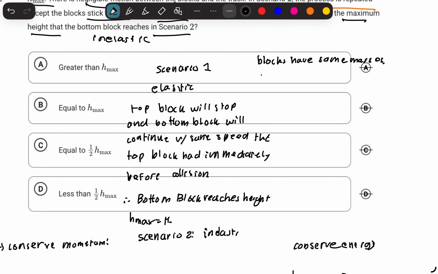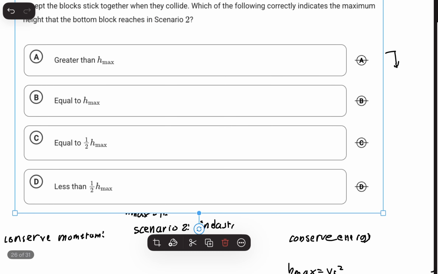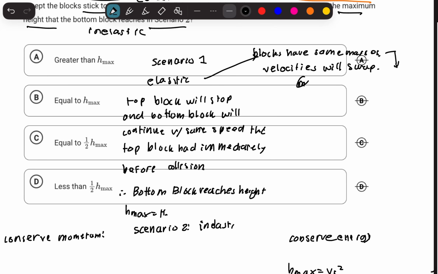So when you have an elastic collision where blocks have the same mass, this is going to cause your velocities to swap. That means your moving block at the bottom will have a speed of v equal to the root of 2gh.